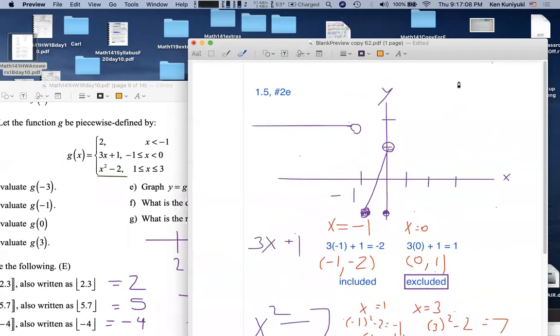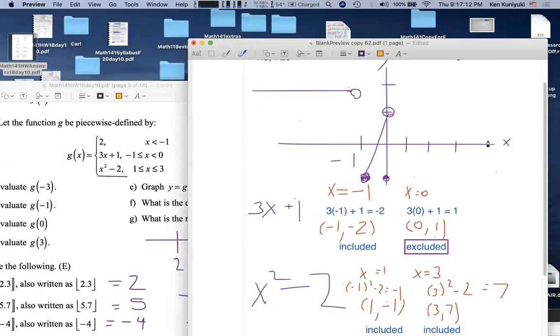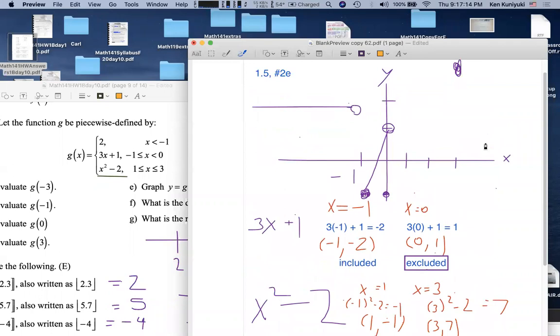Okay, not to scale, but 3, 7 is way up here. Okay, that's included. All right. Oh, wait, this is 1, negative 1. Right, okay, 1, negative 1.